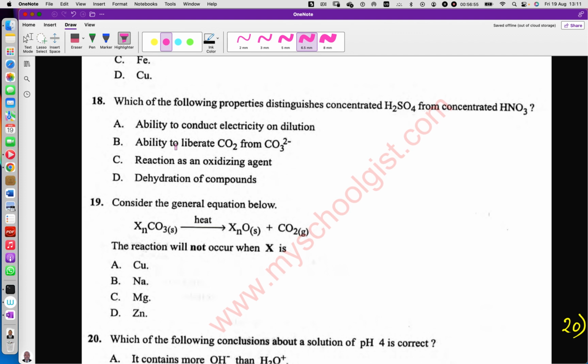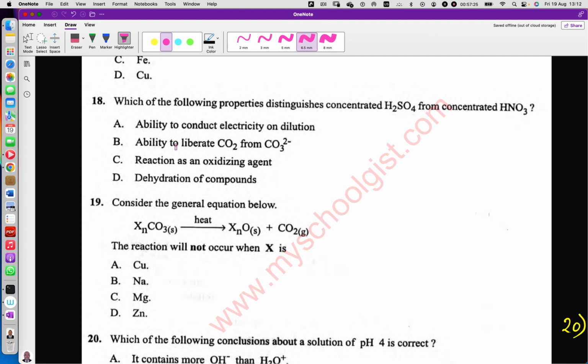Ability to liberate carbon dioxide from carbonate: all the acids will liberate carbon dioxide when reacting with a carbonate. React as an oxidizing agent: sulfuric acid will not react as an oxidizing agent. What will react as an oxidizing agent is nitric acid. Nitric acid is a strong oxidizing agent.